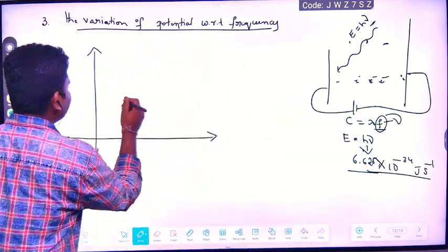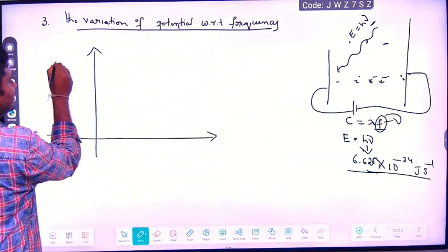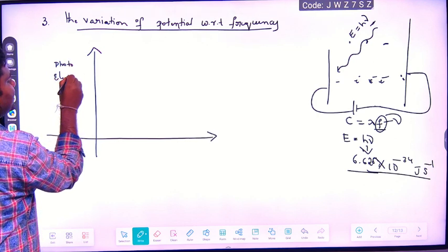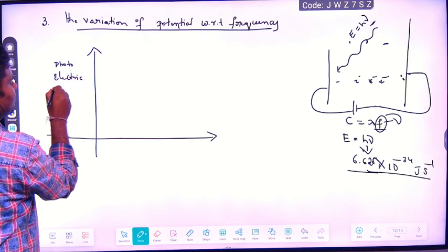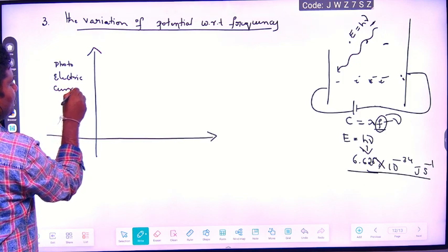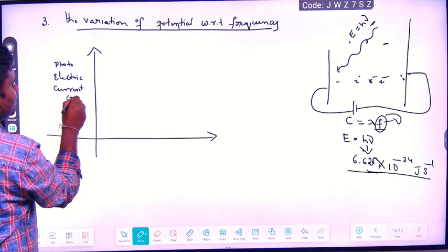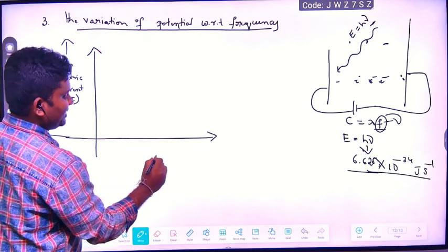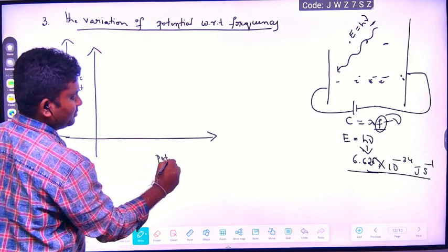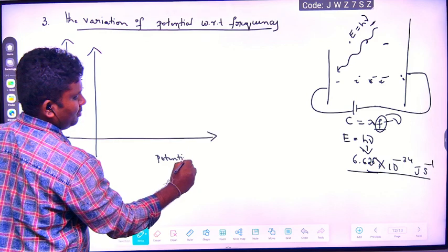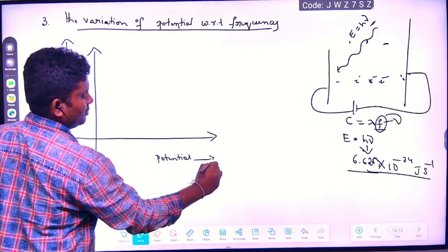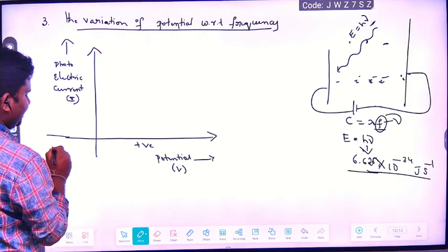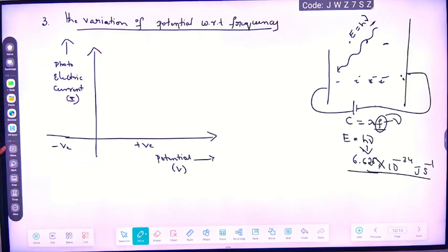So you see, photoelectric current I, and here it is potential V. Here it is positive potential and here it is negative potential.